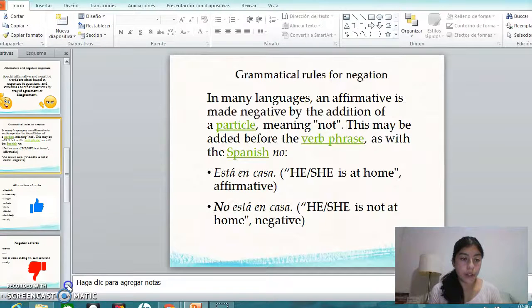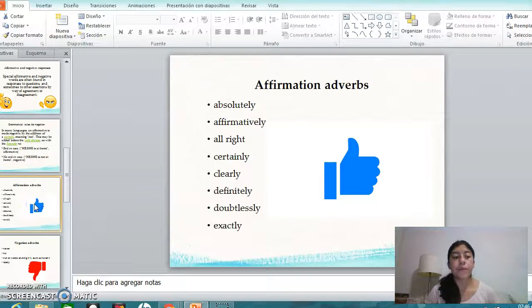So, moving on to the next slide, we are going to see affirmation and negation adverbs. First, the affirmation adverbs. The ones we can see here on our screen are ones that we mostly use day by day, that are absolutely, affirmatively, alright, certainly, clearly, definitely, doubtlessly, and exactly.